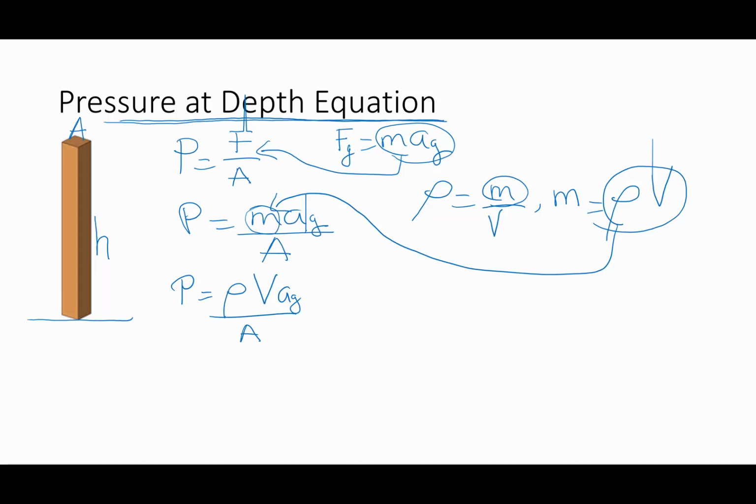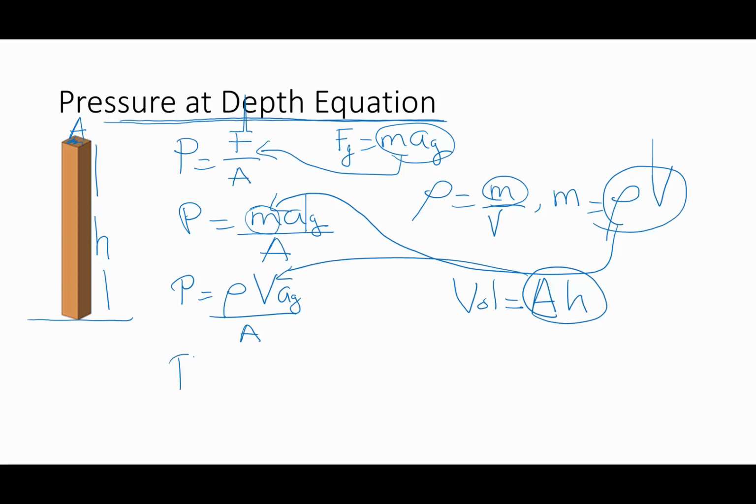We're really close. Okay. Now, for a column like this, the volume of the column is going to be the area times the entire height. So I am going to replace area and height with the volume.